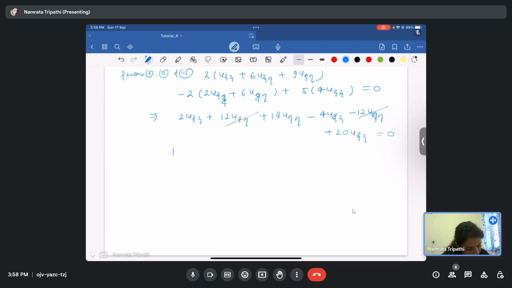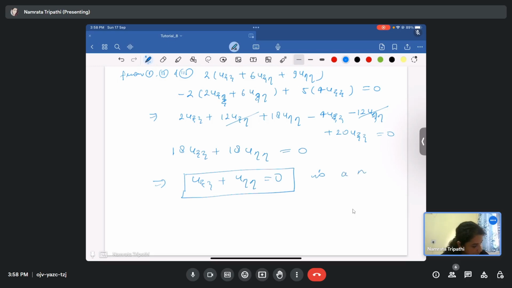So the expression becomes 18 u xi and 18 u eta. Is that clear? If there is any doubt, you can ask.